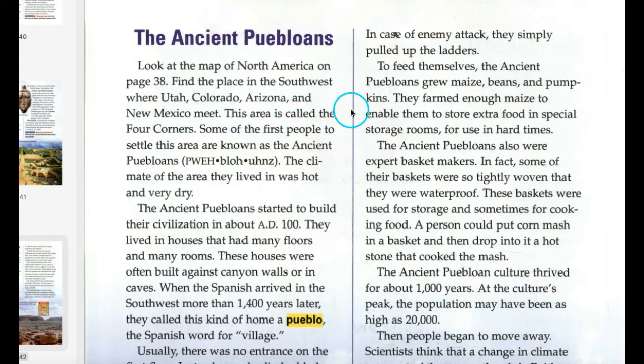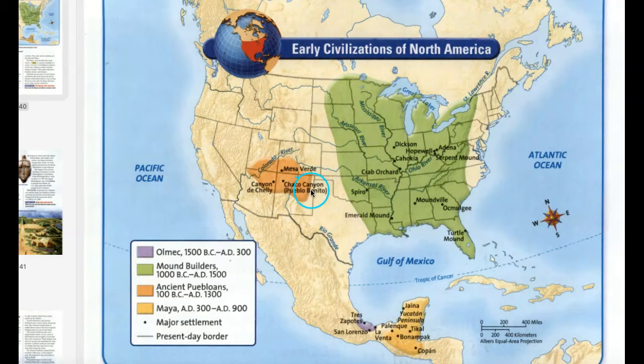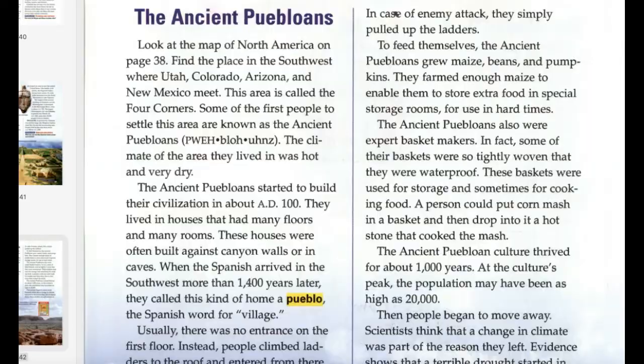This area is called the Four Corners. Some of the first people to settle this area are known as the ancient Puebloans.